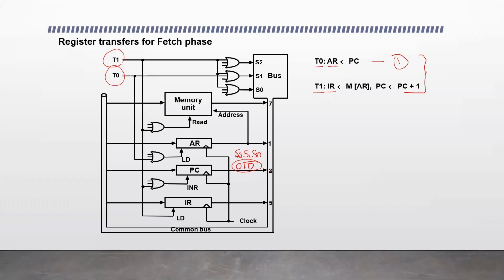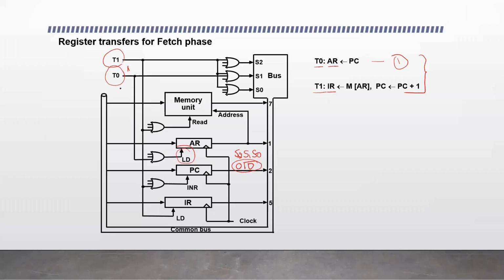The second step involved in this micro operation, for moving the content of PC to AR, is to transfer the content placed on the bus to AR. That is done by enabling the load input of AR. To enable that, we have connected T0.